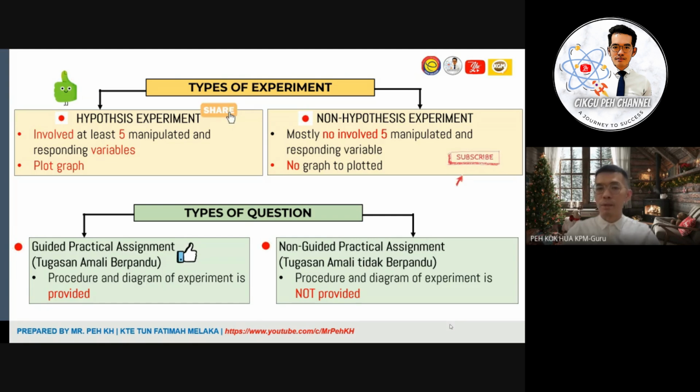So the candidate must understand the apparatus and then plan an experiment related to the aim requested by the question. In this video, I'm going to share with you the type of question in tugasan AMALI tidak bantu. Let us go through the question now.